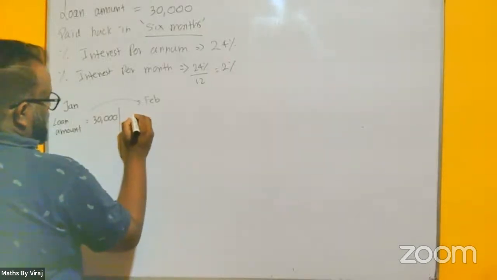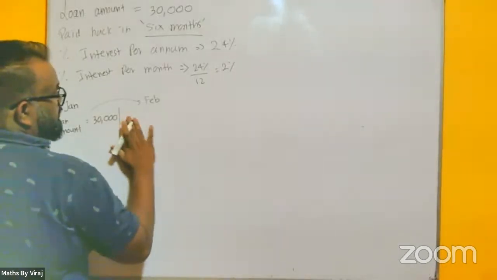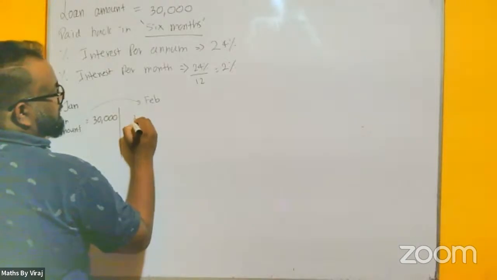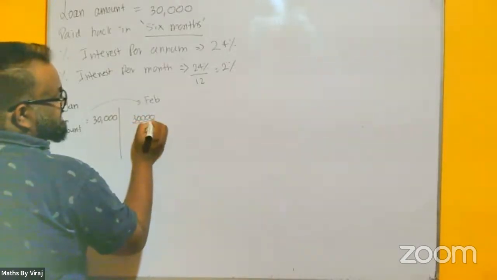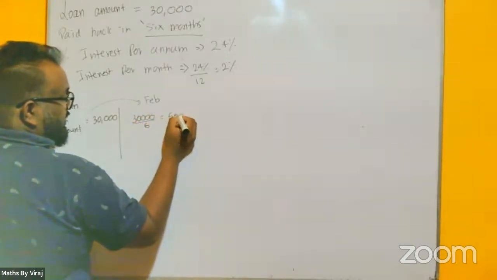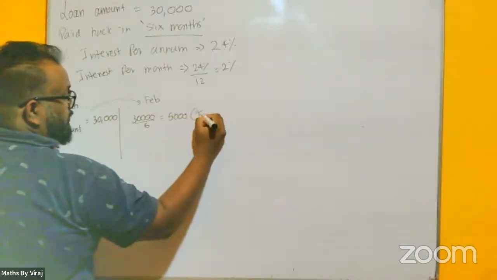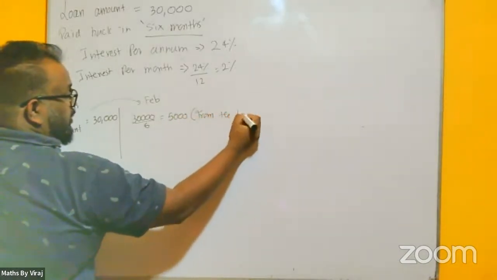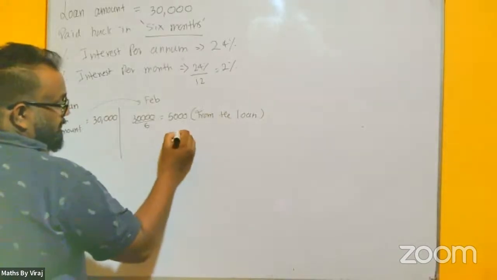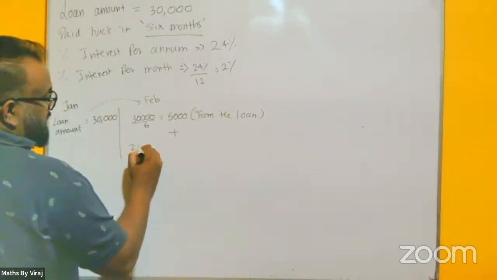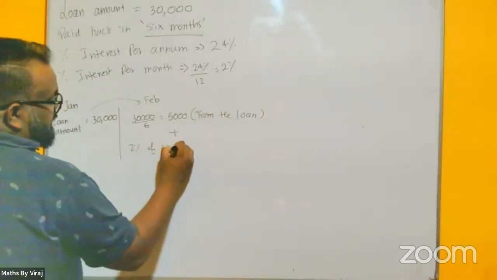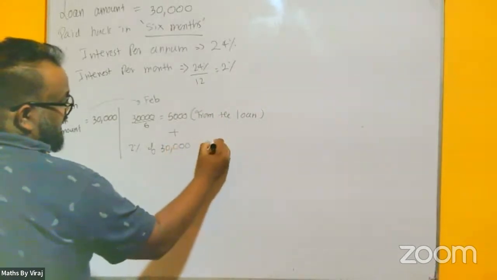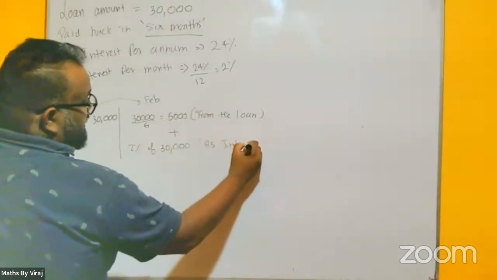I will have to give 30,000 divided by 6, 5,000 from the loan plus 2% of 30,000 as interest.